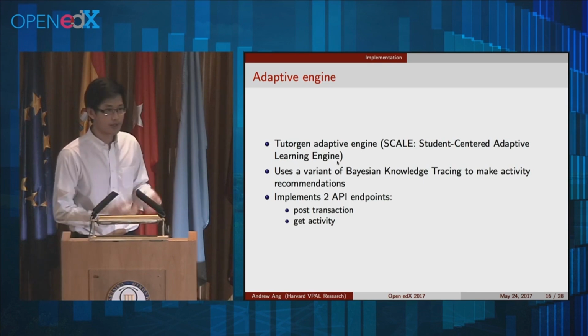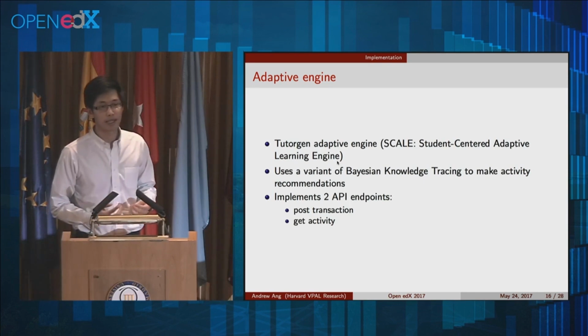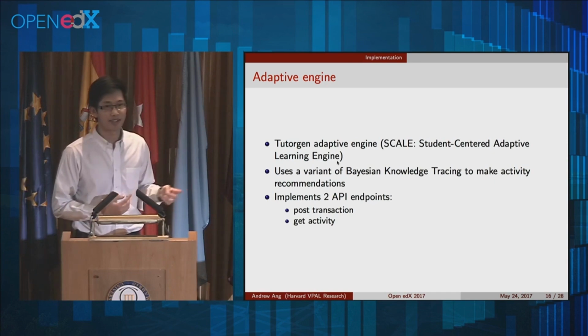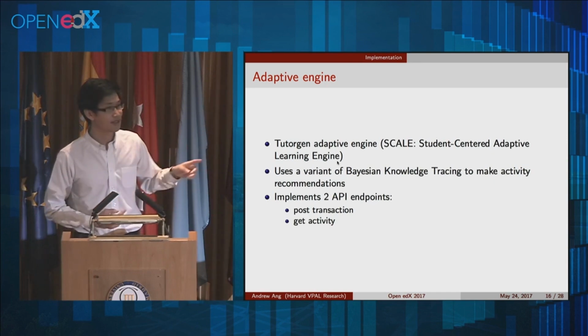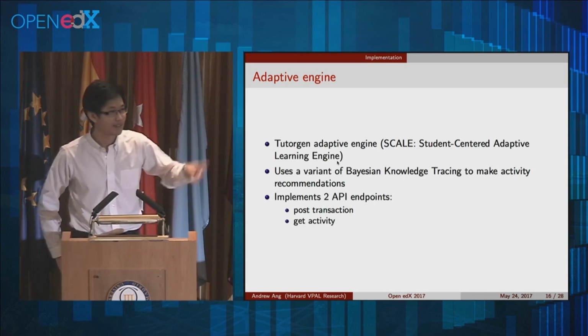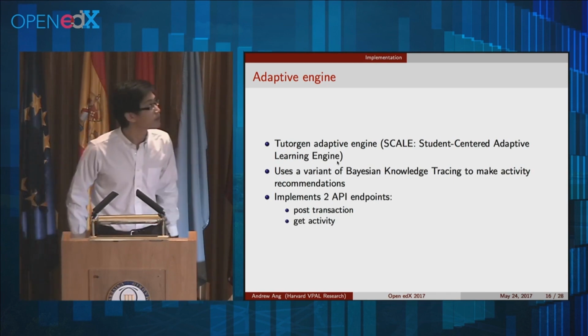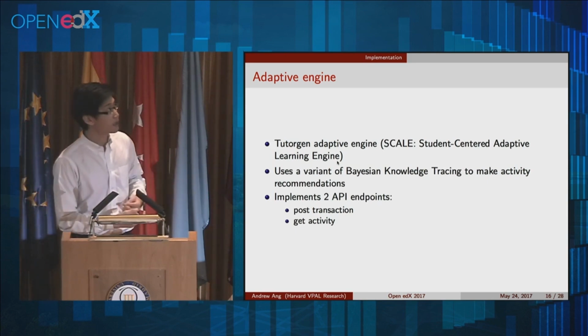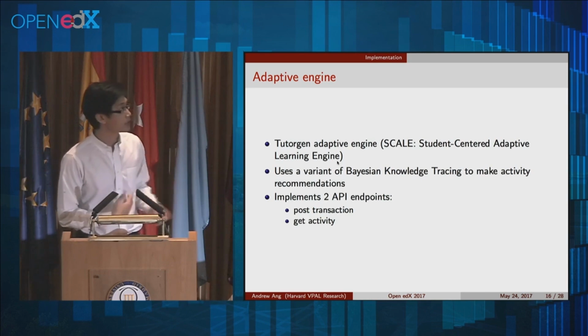We can post a transaction, which means we send them a message that is something like, here's student 6. They got problem 3 right, with a timestamp. And then we keep sending them these transactions asynchronously.